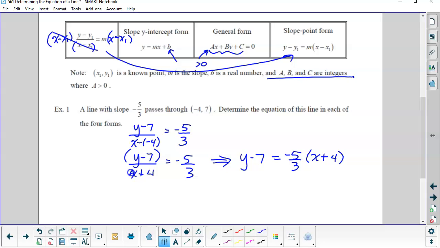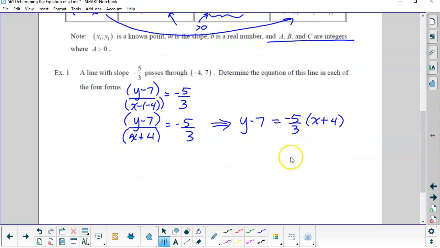So basically you can put brackets around these to kind of help you. Okay, so this is the original. This is your slope point form. Then from here, to get the other forms, so here, if you solve for y, you can see that before we solve for y, we'll expand out.